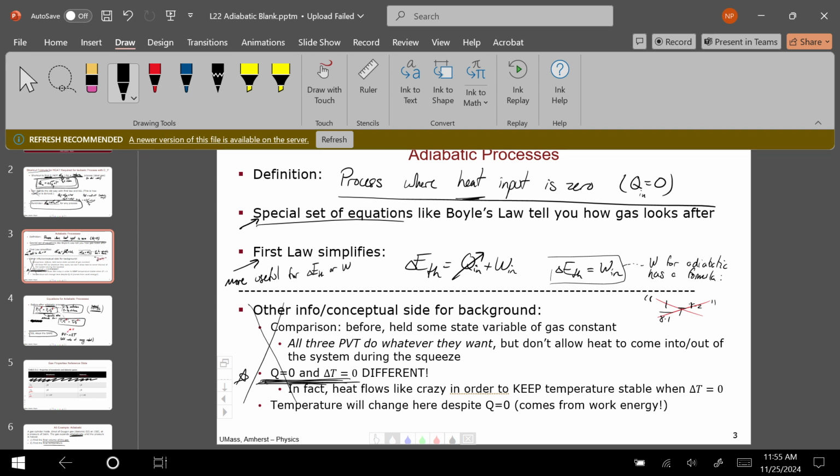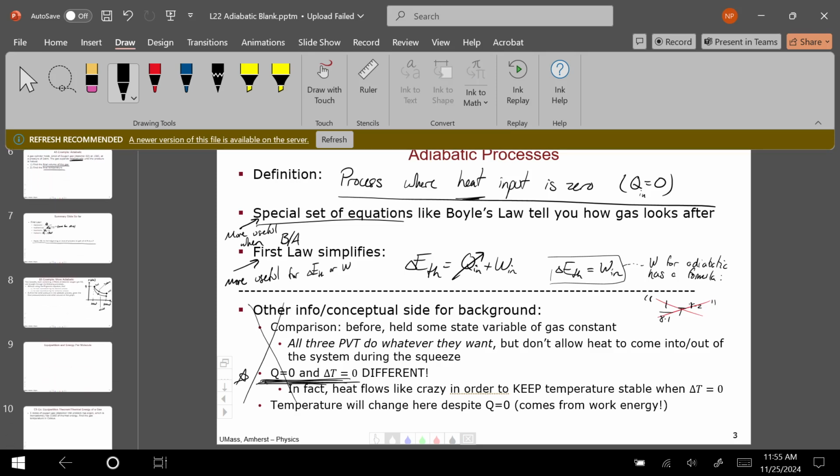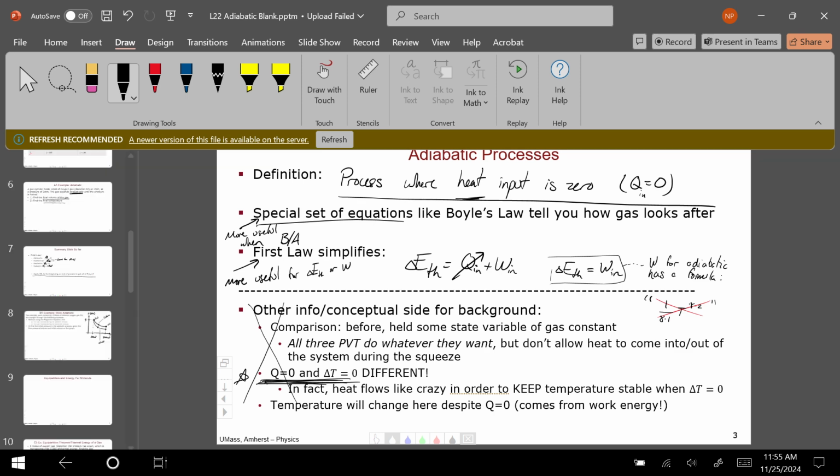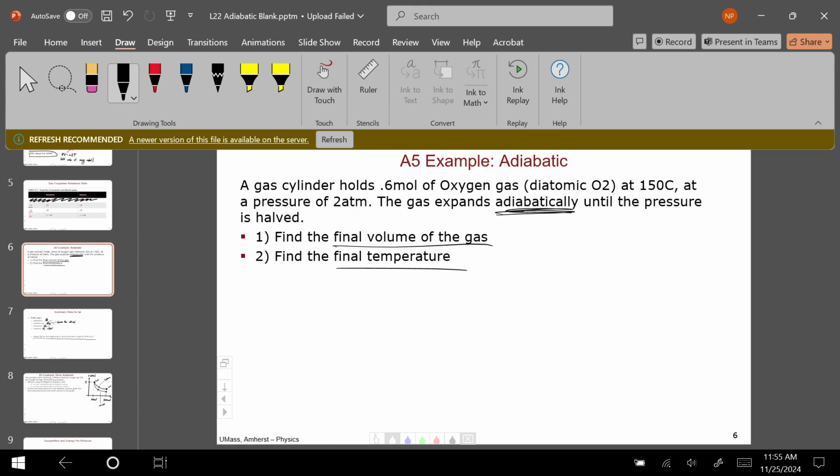Whereas these special equations, like the PV to the gammas and stuff, they're more useful when you have a before/after question. So this is definitely a before/after question. Sometimes you'll have to use both, but again, this is a before/after question.